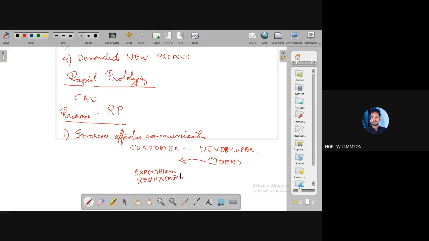This has to be easily communicated to the developer. So this communication should be effective. In order to make effective communication, rapid prototyping can be used.